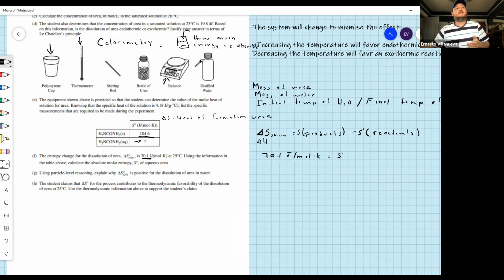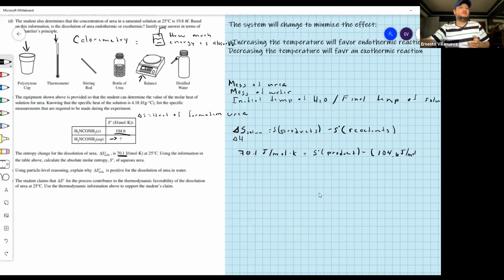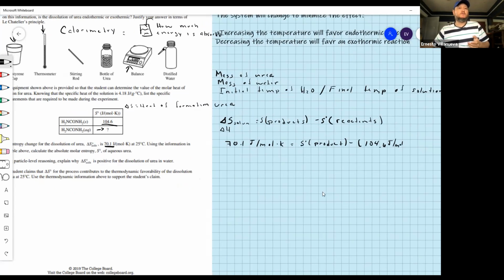So we're going to leave this as the products minus the reactants. And this one, we have it. It's 104.6, and this is in joules per mole Kelvin. Now, this you should be able to solve. So I'm going to give you guys the opportunity to go ahead and make this calculation.